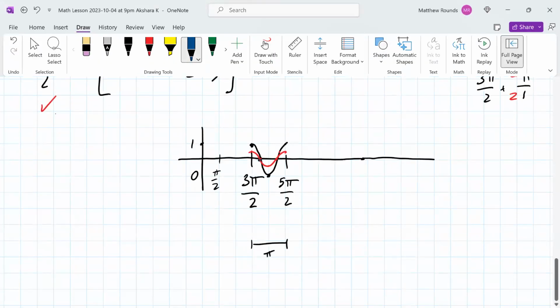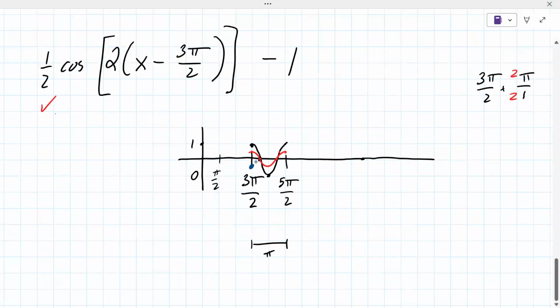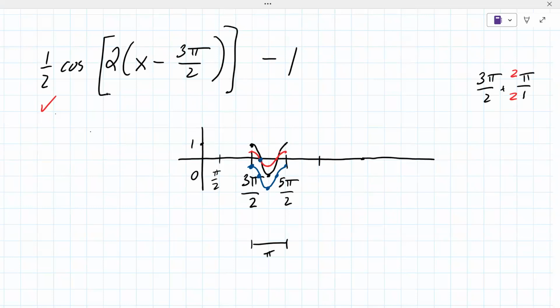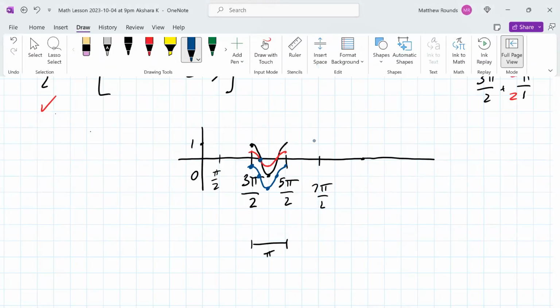So instead of being at a half, it's going to be down here at -1/2. That moves down to -1, -3/2. It's like you're trying to cram all this into this little tiny space, but you can do it. If you needed a second period, you'd go out 1 more pi, so you get to 7 pi over 2. And then you just replicate what you have there.